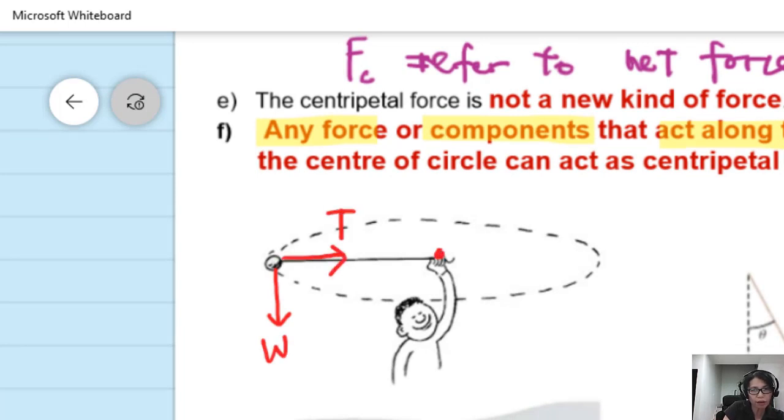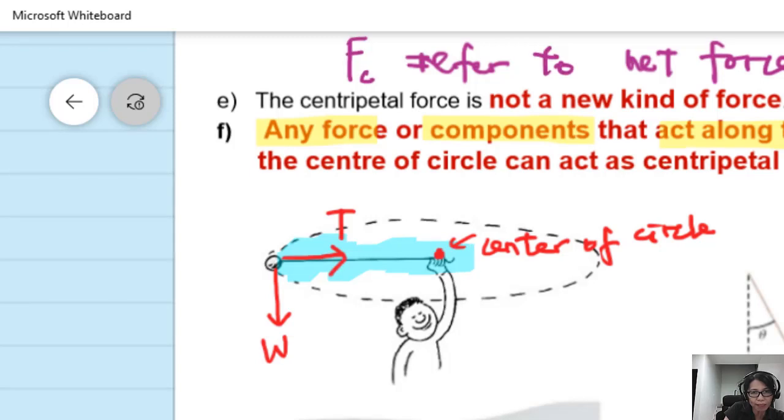This is the center of the circle. You will find that the tension points towards the center. So the tension will be our centripetal force. The tension acts as the centripetal force in this situation, equal to mv squared over r. Clear? Okay.